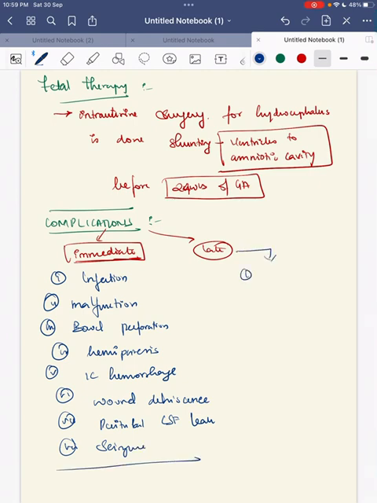In late ones, the child can develop abscess. It can go for tube dysfunction or disconnection. The child can develop blindness due to posterior cerebral artery infarct.